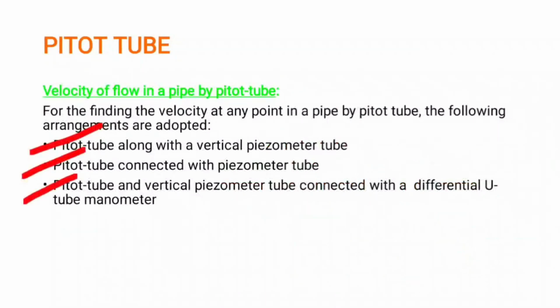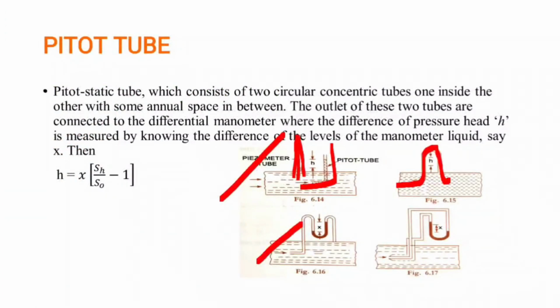The third case is a pitot tube and vertical piezometer tube connected with a differential U-tube manometer. For the U-tube manometer, you calculate the H value. The fourth case is a pitot static tube, which consists of 2 circular concentric tubes, one inside the other, with some annular space in between.